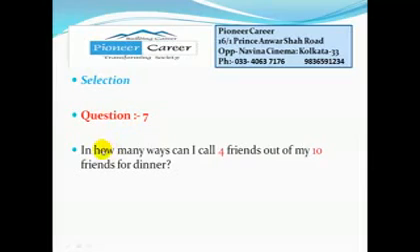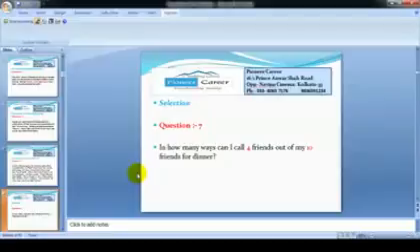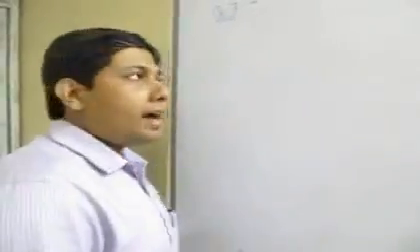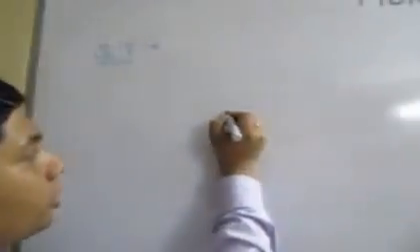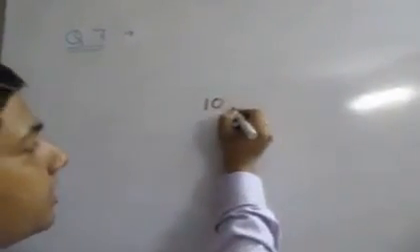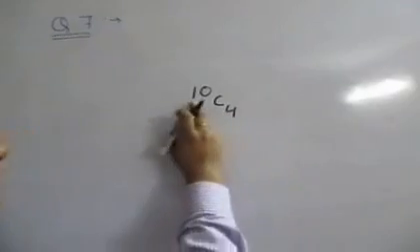Question number 7. In how many ways can I call 4 friends out of my 10 friends for dinner? Here in this case I have to select 4 friends out of 10 friends. So the total number of ways is given by 10C4, the normal formula nCr.